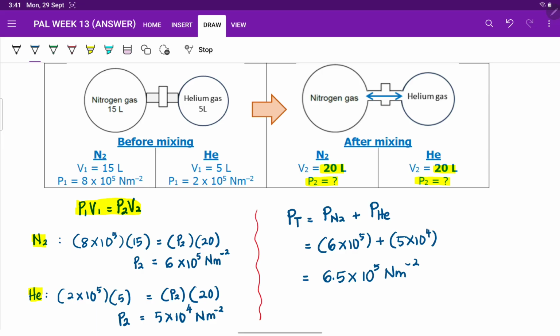Okay, for this question, there will be 5 marks. Where are the 5 marks? Either you write your equation P1V1 equals P2V2 or any one of the substitutions here. I mark it on the equation: 1 mark. Then each partial pressure of nitrogen and helium gas with the correct unit: 1 mark. Then the substitution for Dalton's law of partial pressure, partial pressure of nitrogen plus partial pressure of helium.